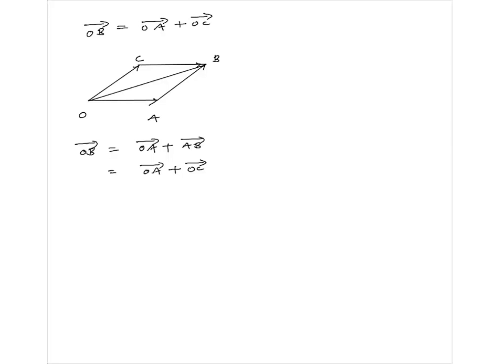Next is a theorem, you can say. Vector addition is commutative. To prove this, consider a parallelogram. These are going to be equal vectors, and these are going to be equal vectors.